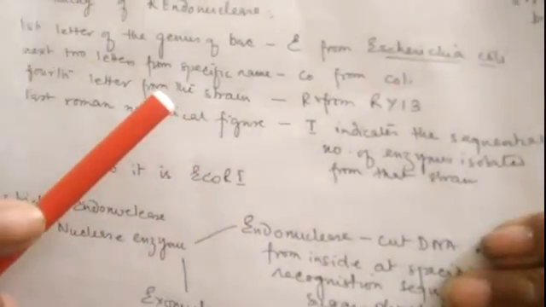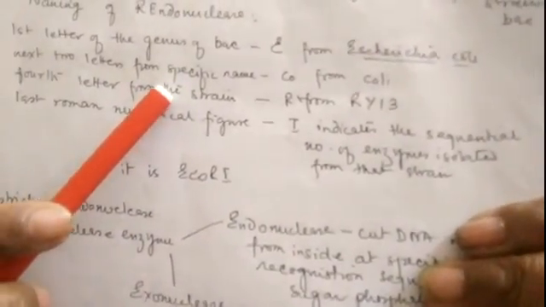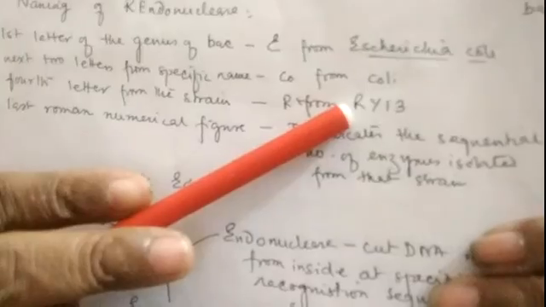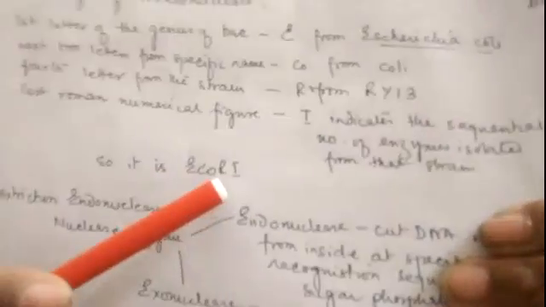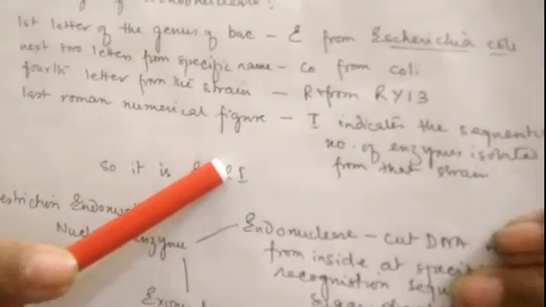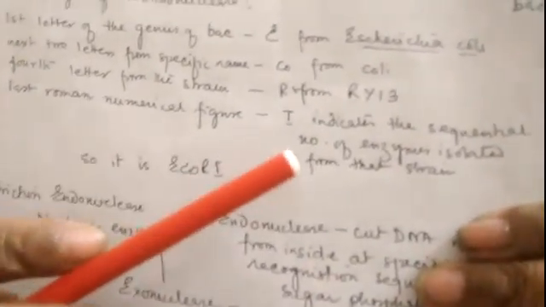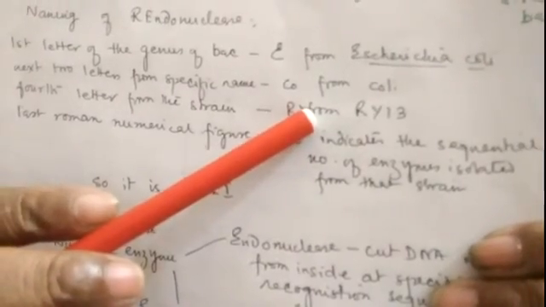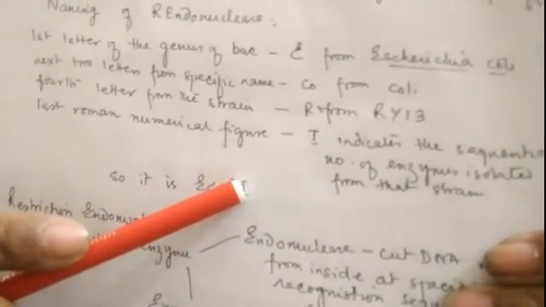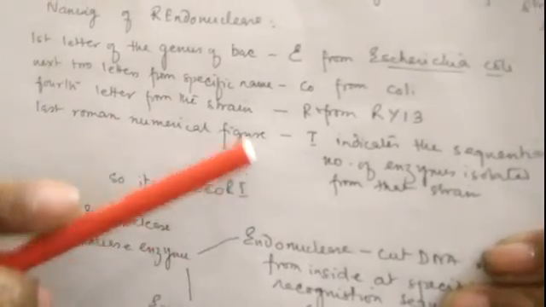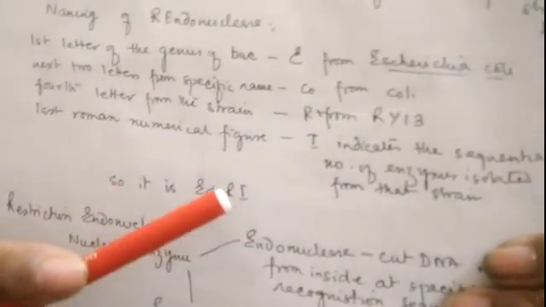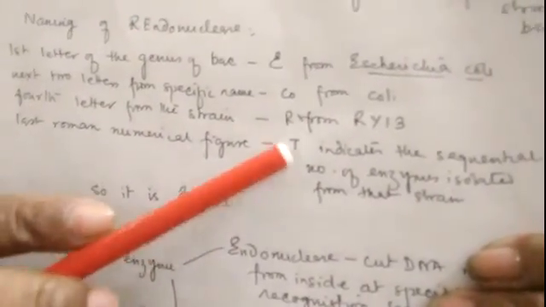Then the strain. Escherichia coli has various strains. That specific strain, RY13, is the strain from which it has been isolated. So the next alphabet R came from there. And finally the Roman numeral I is the sequence of isolation, because this is the first restriction endonuclease that has been isolated from this particular bacterium, Escherichia coli RY13.